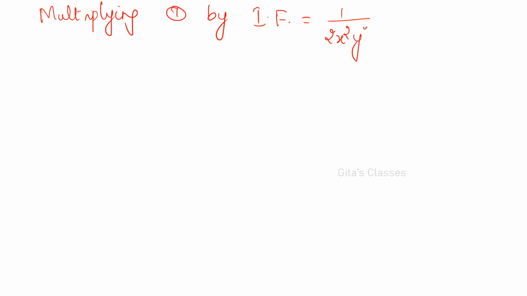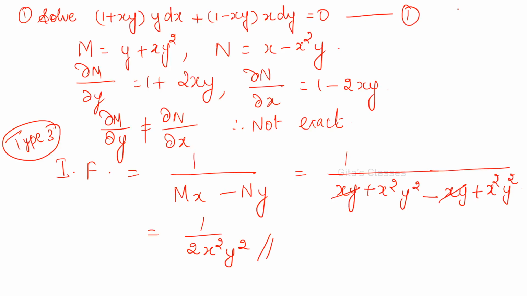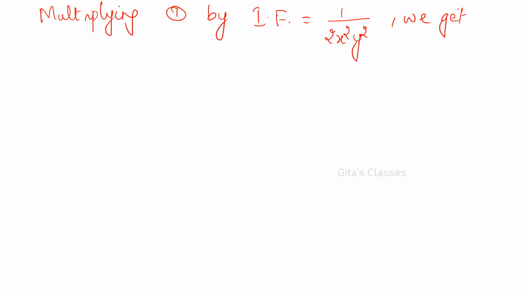So multiplying by the integrating factor 1 by 2x squared y squared, we get, what is the first term? (1 plus xy) into y dx, divided by 2x squared y squared.